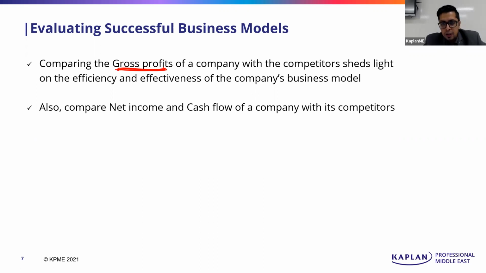If the gross profits are very, very high as compared to the company's competitors, this tells me that the company is either producing the goods at a very low cost, or it is able to sell its goods and services at a higher price. Why? Because those value propositions might be solving something, right? They might be giving better customer service, for example, right? So that is why you need to look at the gross profits.